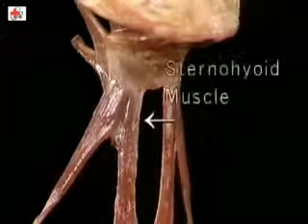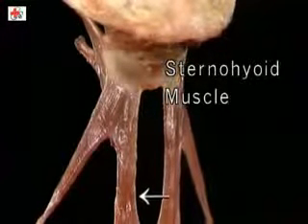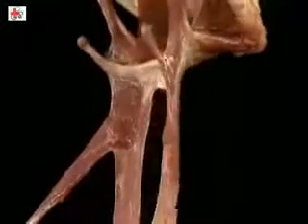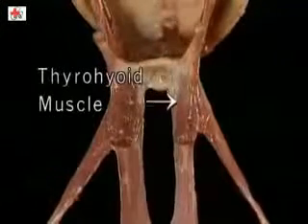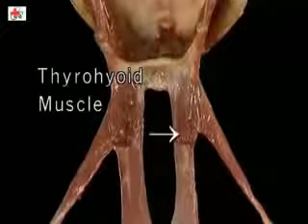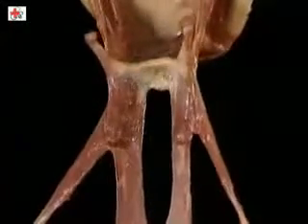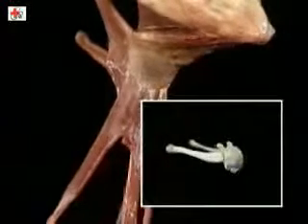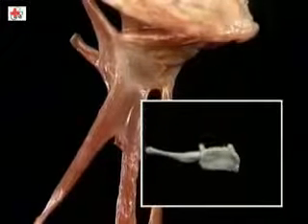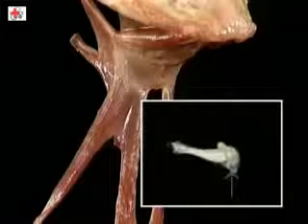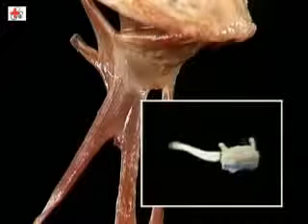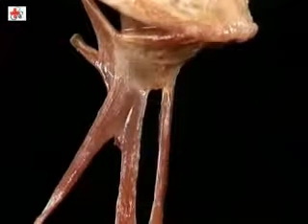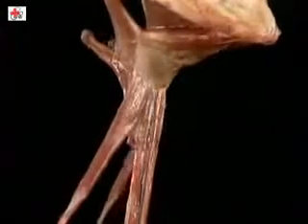Medial to it is the sternohyoid muscle, which goes to the sternum. Behind these 2 is the short thyrohyoid muscle, which goes down to a structure we haven't seen yet, the thyroid cartilage. These muscles insert on the edge of the body of the hyoid bone, the thyrohyoid here, the omohyoid here, and the sternohyoid here. We'll see these 3 muscles more fully later in this tape.